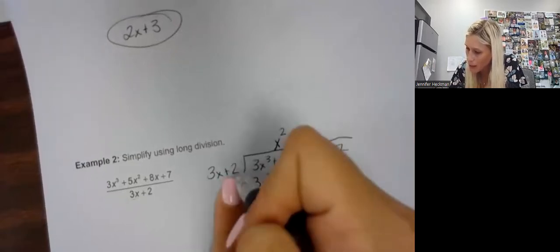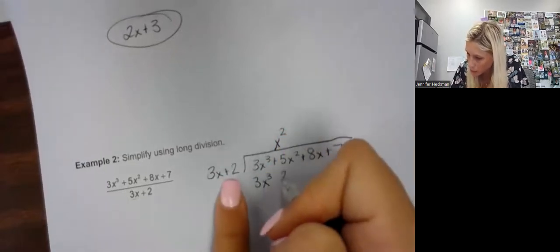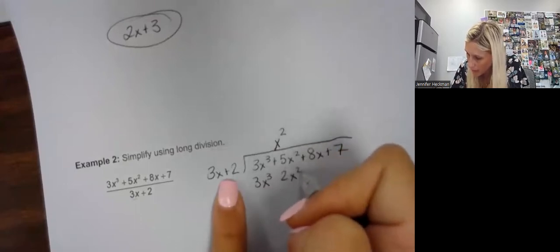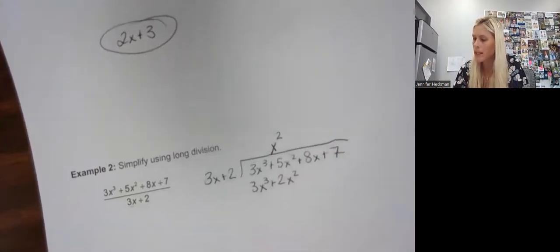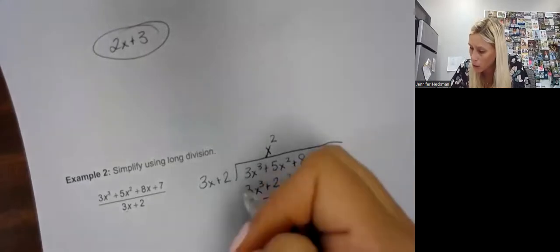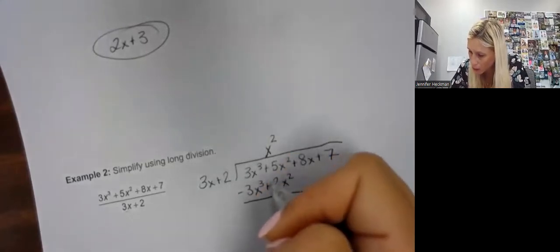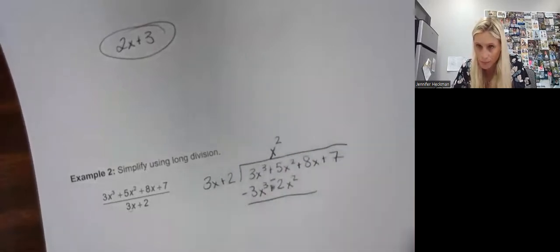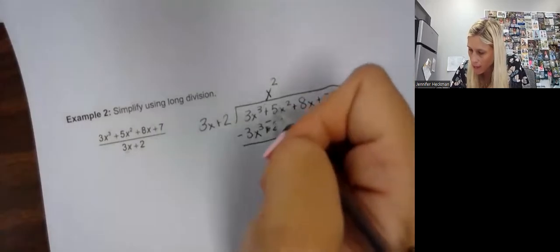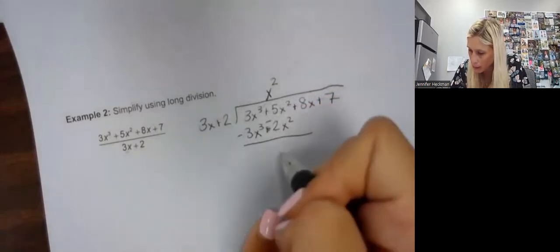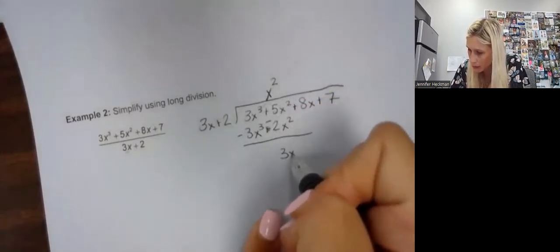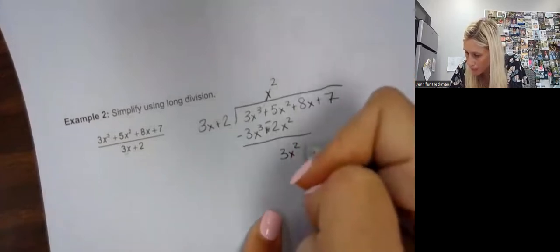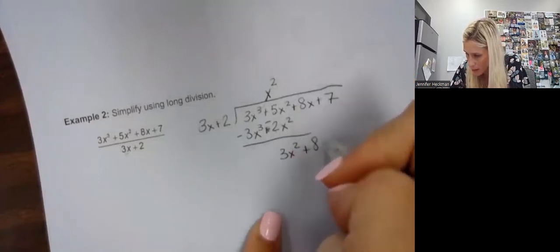X squared times 2 is 2x squared, a positive 2x squared. Now I'm going to subtract. So what I'm going to do is change my signs to add straight down. Okay, those two cancel. That's correct. 5 minus 2 is 3x squared, and bring down the 8x.